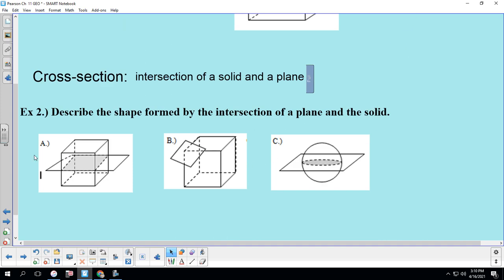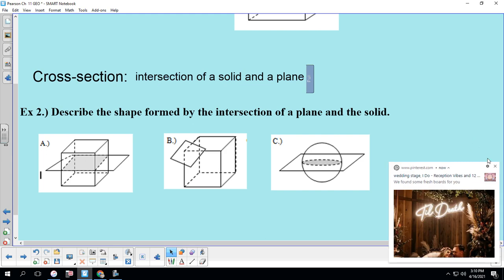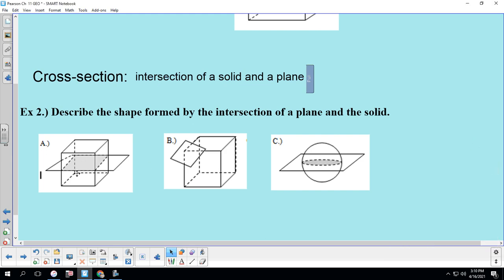In the first, I have this little cube shape, and a piece of paper drawing through it. What cross section happens when I chop the cube with this piece of paper? It looks like a square. This cross section is a square.